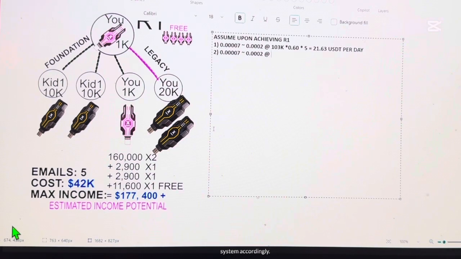This is the kid one at 103K, because that's the kiddie section, right? Not the big money section. Times one device. Okay, so we have to do that one more time. So you're getting, of course, 4.326 USDT per day.